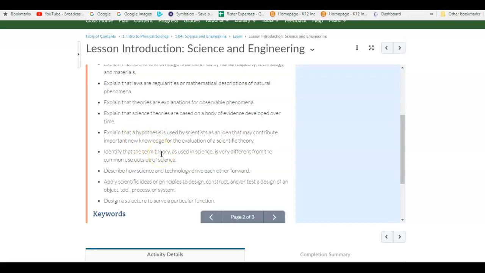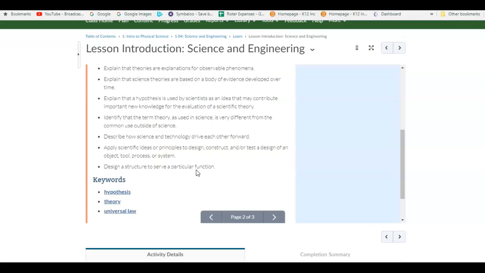We can't solve everything, right, the first time we test it. Identify that the term theory, as used in science, is very different from the common use of it outside of science. So there is a different kind of definition there. Apply scientific ideas or principles to design, construct, and or test a design of an object, tool, process, or system. And finally, design a structure to serve a particular function.